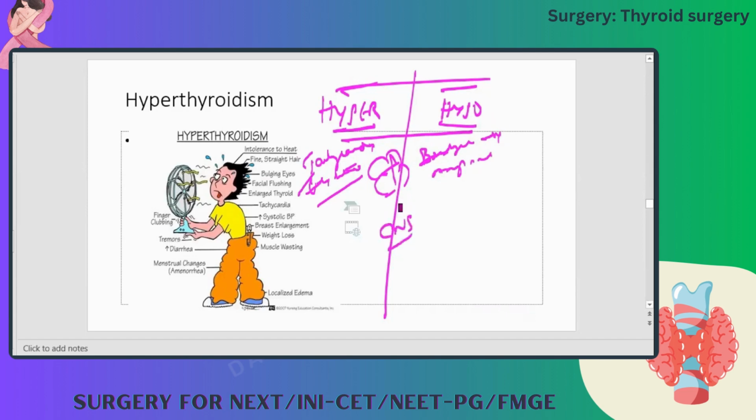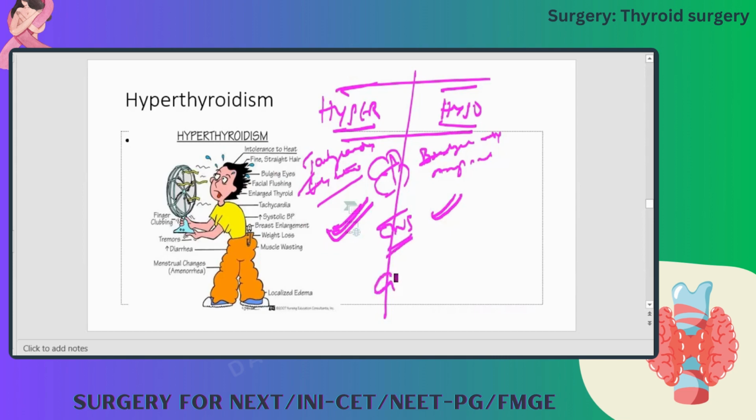CNS in hyper. How will the patient be every time? He will be cool, calm, composed, or he will be anxious and irritated. Anxious and irritated here in hyper, whereas in hypo he will be dull and lethargic.